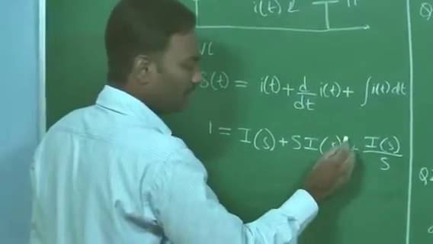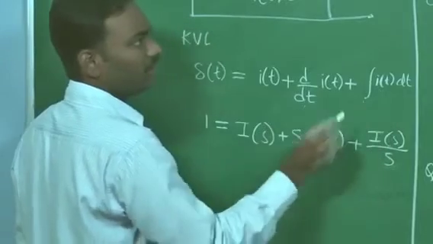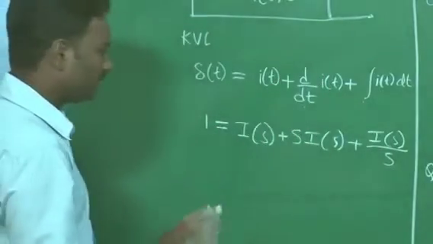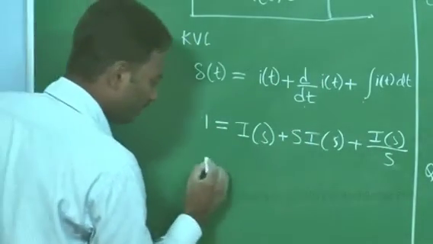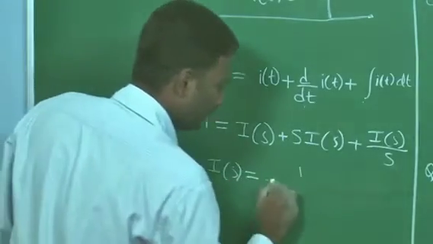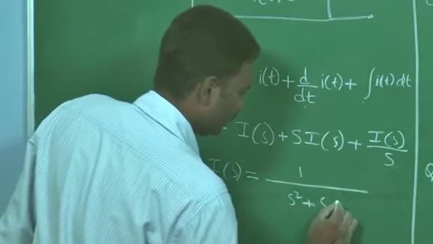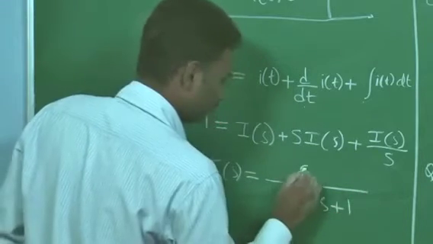We can ignore the other terms while writing the Laplace transform of differentiation and integration, because the circuit has zero initial conditions. From here we can write I(s) as 1 divided by (s² + s + 1)/s, that is s/(s² + s + 1).